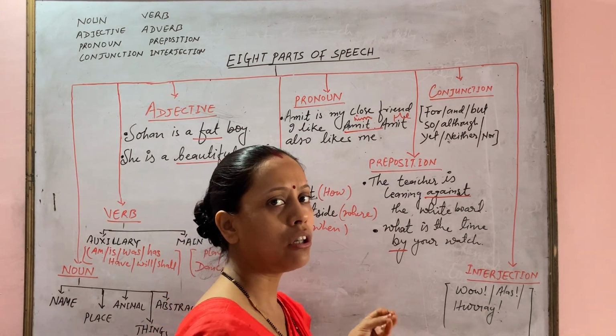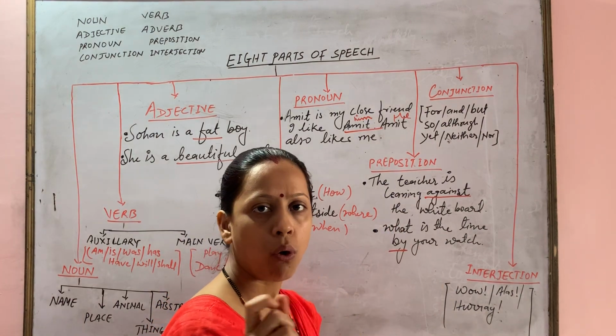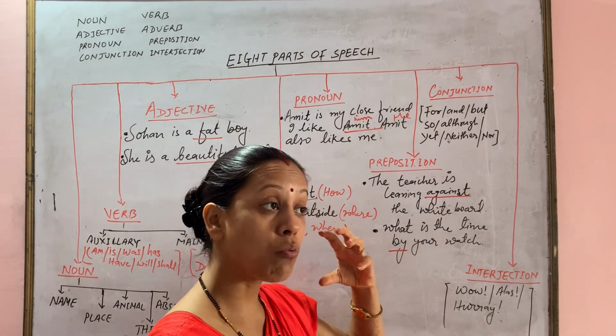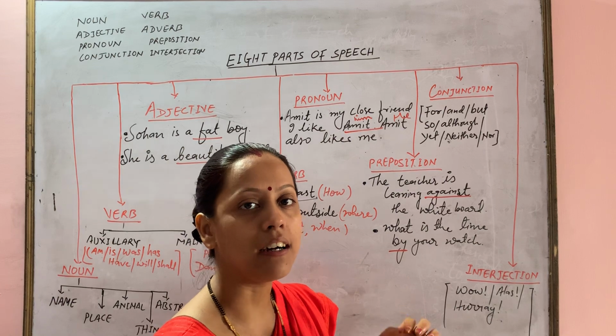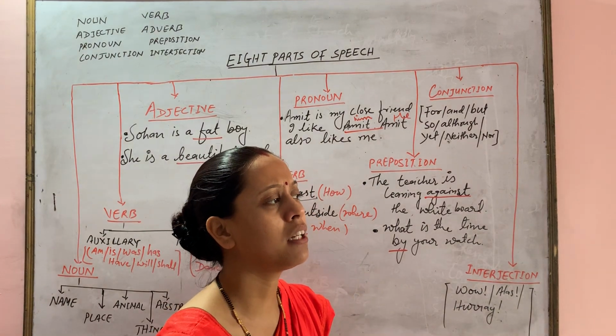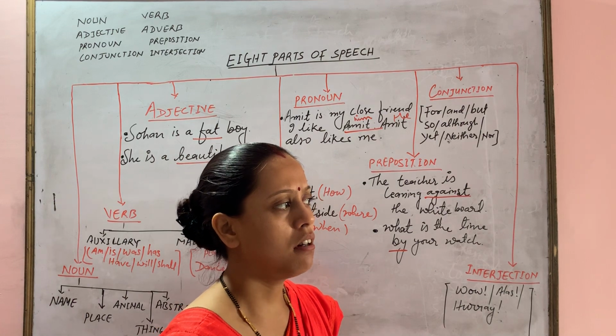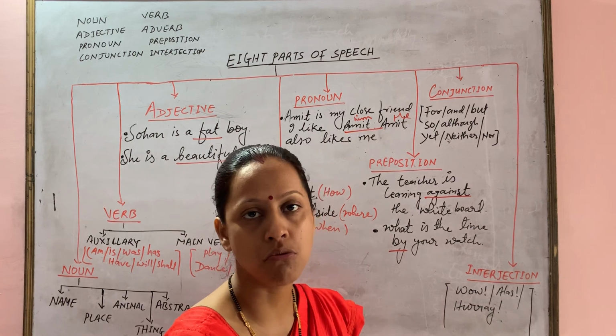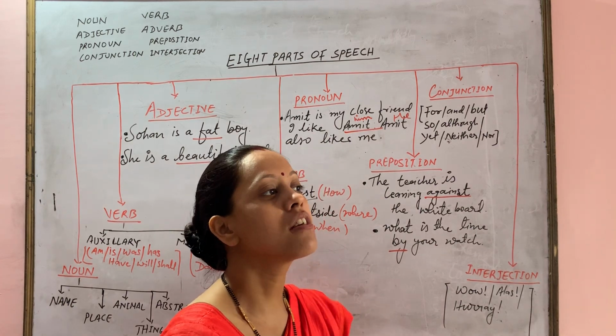Many students say on the wall, at the wall. No, you need to know with what preposition, with what sentence, with what idea, which word is to be used. If you want to ask me the time, and you are not expert in using preposition, you will say, what is the time?